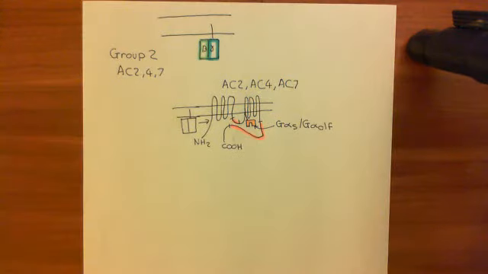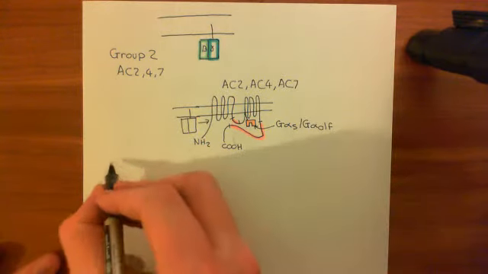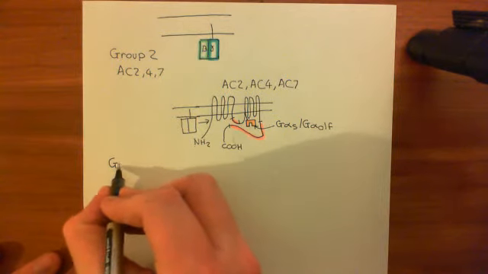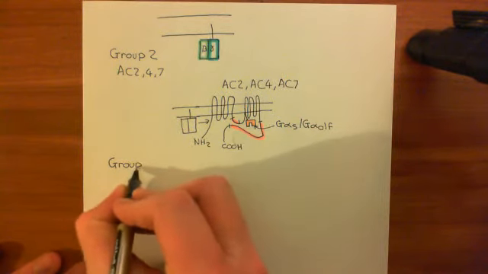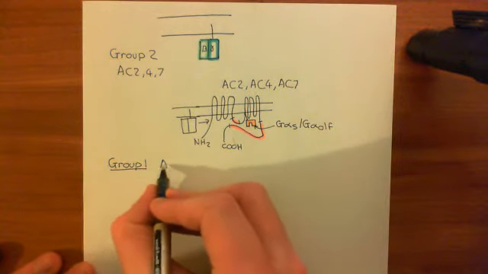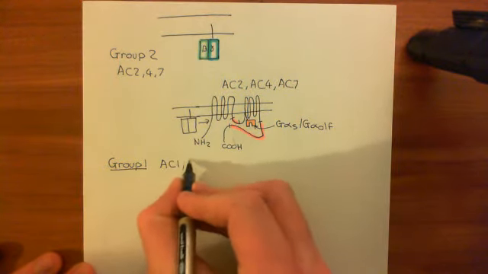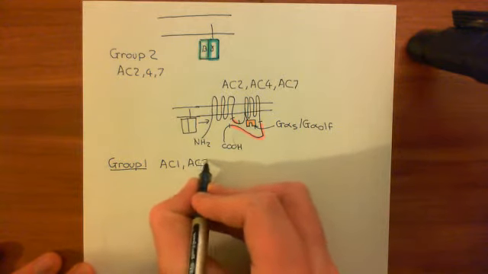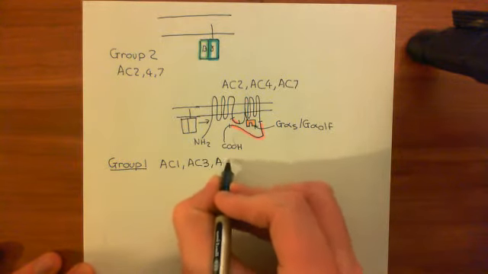On the other hand, the beta-gamma subunits can also inhibit adenylyl cyclases. Specifically, they bind to and inhibit group 1 adenylyl cyclases. Remember the calcium-activated adenylyl cyclases: adenylyl cyclase 1, adenylyl cyclase 3, and adenylyl cyclase 8.